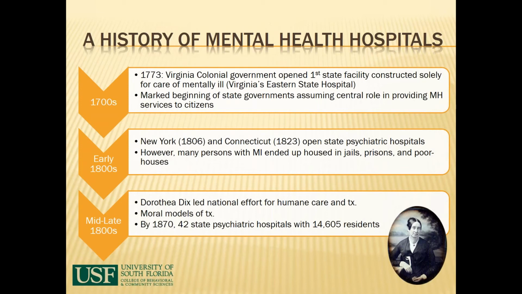And that was a prevailing notion during this time period. We really weren't oftentimes conceptualizing mental illness as illness. We weren't thinking from a medical model as much as we are today. By 1870, there were 42 state psychiatric hospitals with 14,605 residents. So this really caught on.